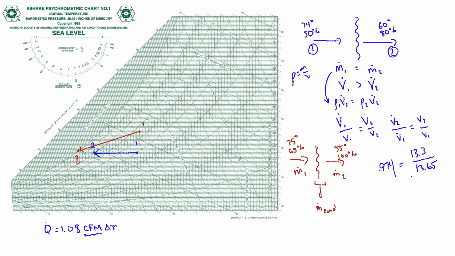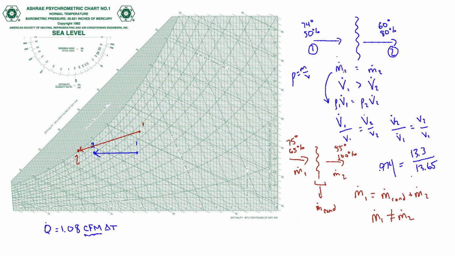The point of this problem is to illustrate that the mass flow rate entering the coil is not equal to the mass flow rate leaving the coil. They're not conserved because the difference is the condensate that drips out of the airstream. So the equation that we would write instead would be M.1 equals M.condensate plus M.2, with the big point here being that M.1 does not equal M.2.